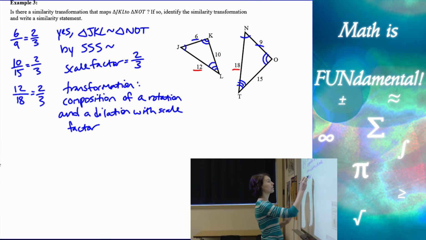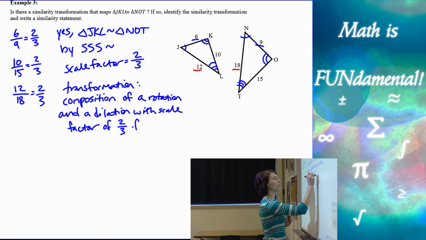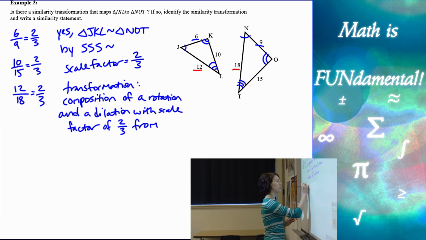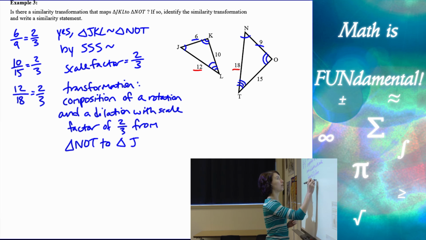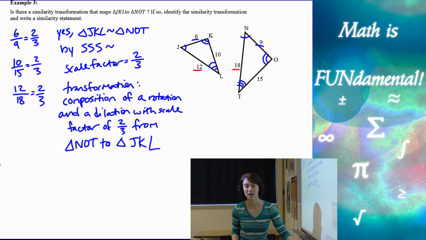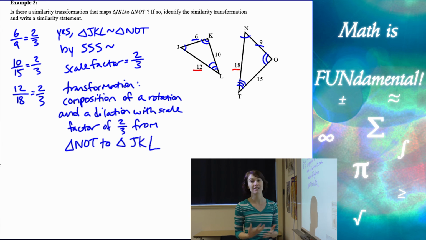It's a scale factor of 2/3 from triangle NOT to triangle JKL. So we want to specify which direction we're going, which one we started with and ended with, when we say our scale factor, or it could be different.